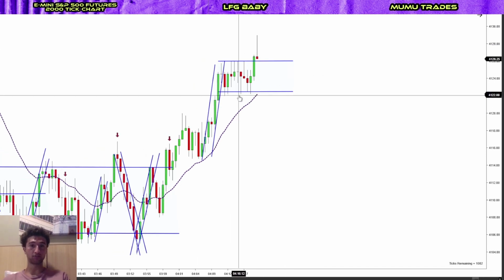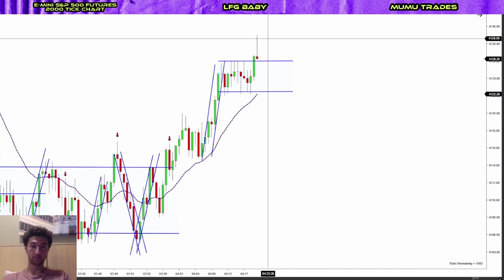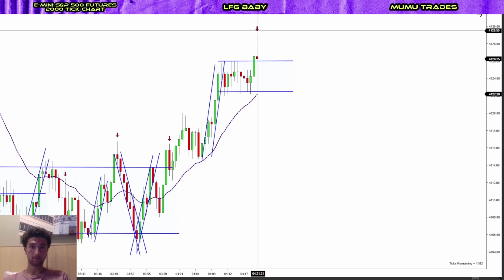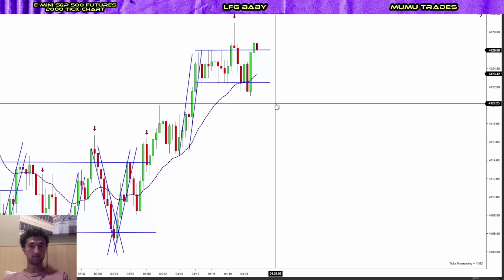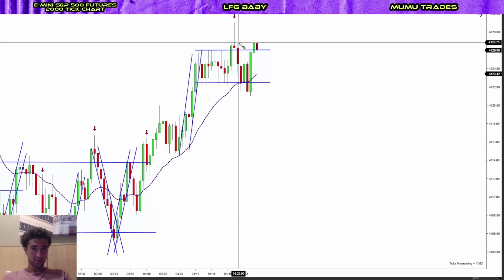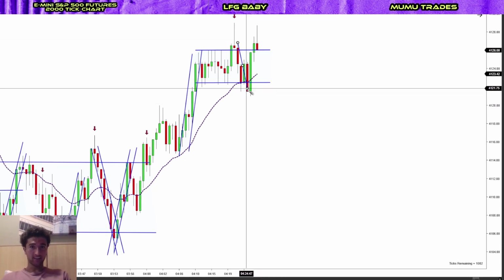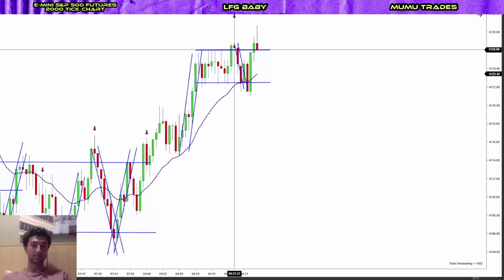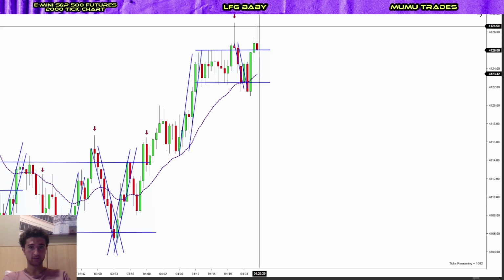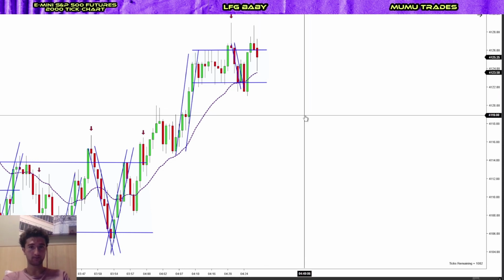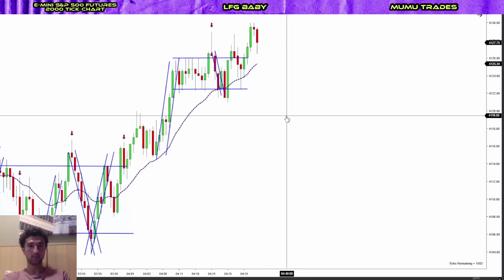So once again, if you had drawn this congestion and you'd seen this breakout, you can argue for this trade, but it's all depending on how you're reading in live time. And there's another potential failed breakout. Ended up working out.